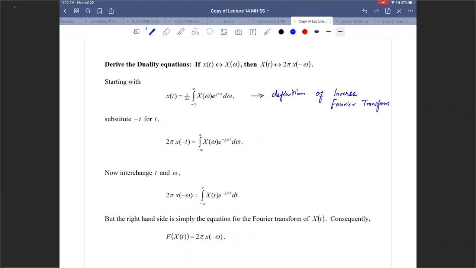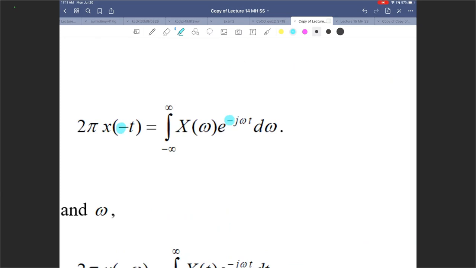Now substitute minus t for t, both in the left hand side and the right hand side. Bring out the factor 2 pi into the numerator on the left side. So you have 2 pi times x of minus t equals integration over all omega cap X of omega e to the minus j omega t. So you have essentially changed this over here and this over there.